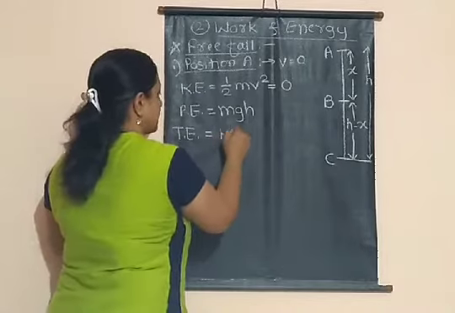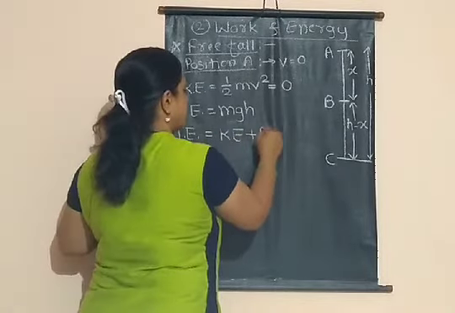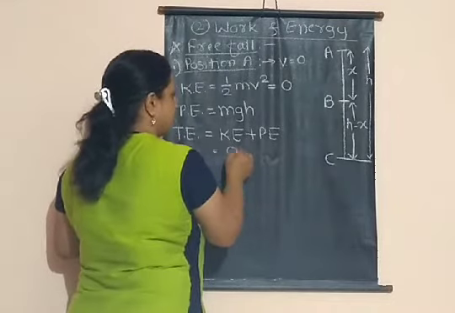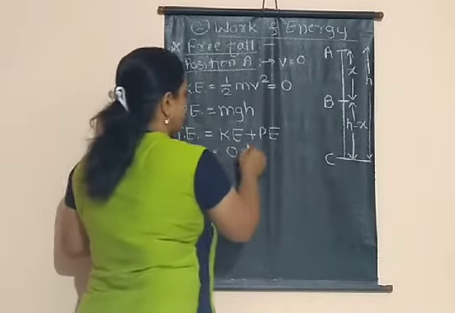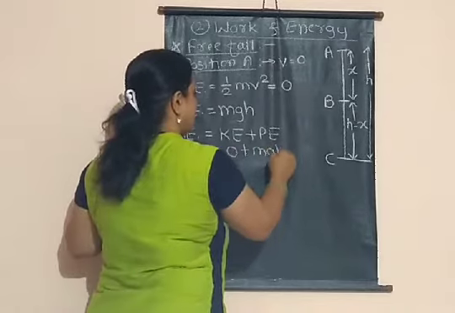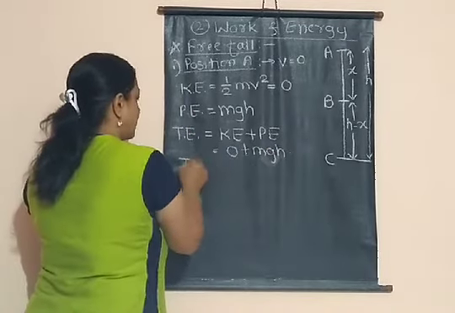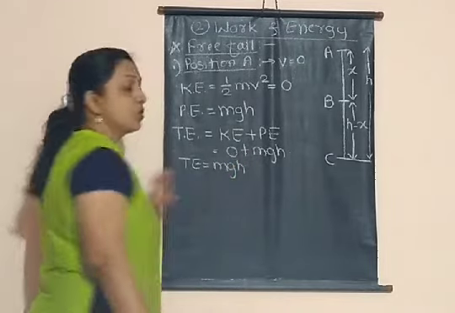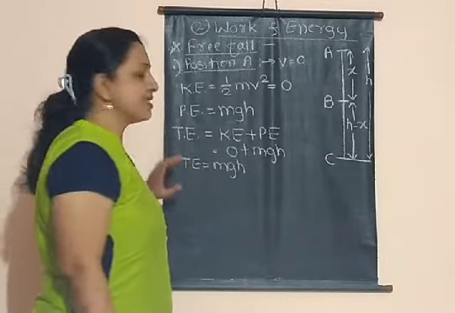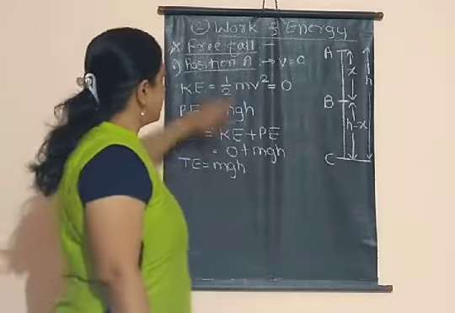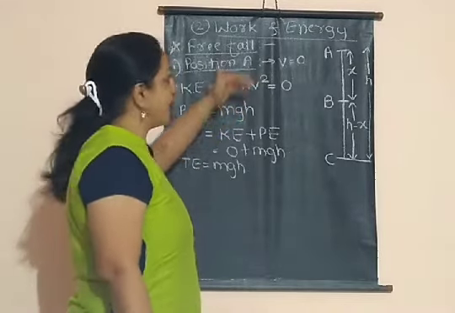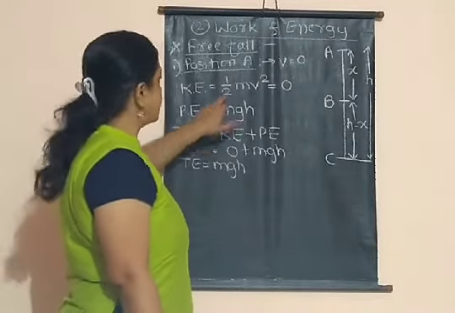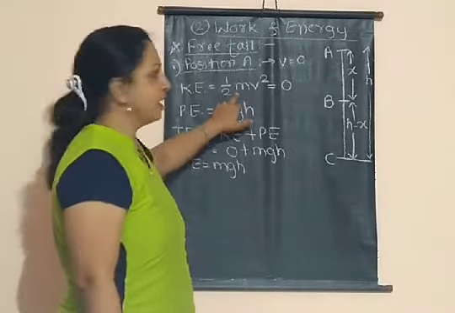The kinetic energy is 0 at position A, and the potential energy is mgh. It means the total energy at position A is mgh. From this we can say that the total energy at position A, at height h, is purely potential. There is no kinetic energy at position A.